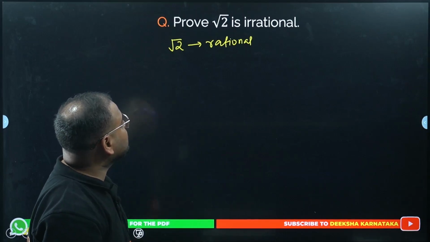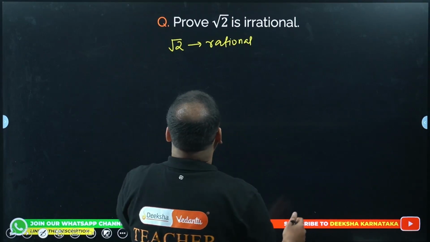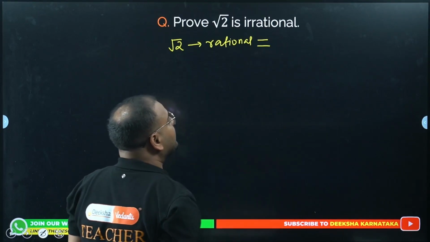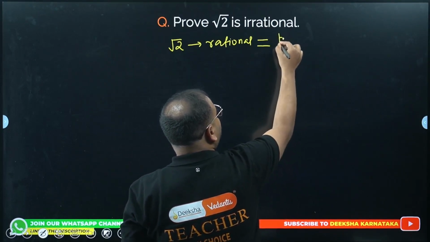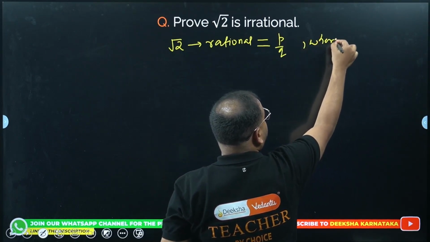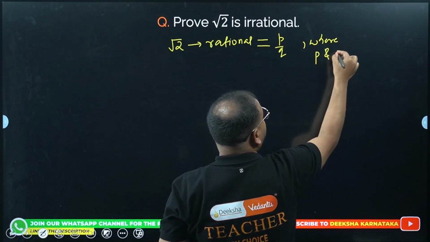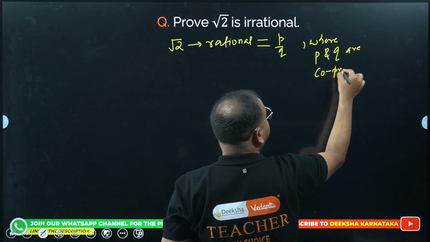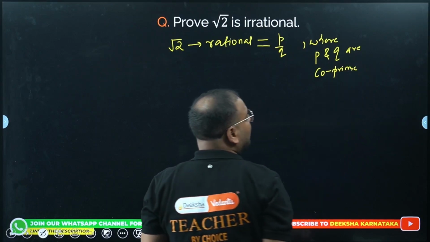So this way we'll complete this question, proving that root 2 is irrational. If we take root 2 as rational, then from the definition of a rational number, it can be expressed as p by q, where p and q are co-prime. What's the meaning of co-prime?